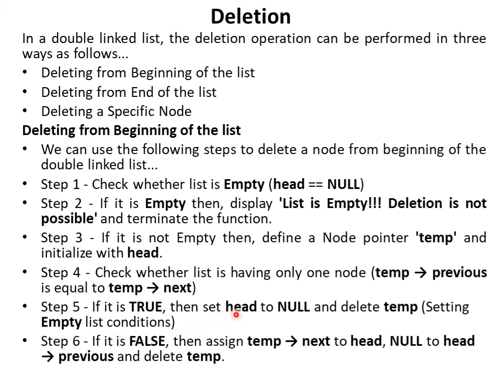If the condition is true, head is set to null and temp is deleted, leaving an empty list. If this condition is false, temp of next is assigned to head, null is assigned to head of previous, and temp is deleted.